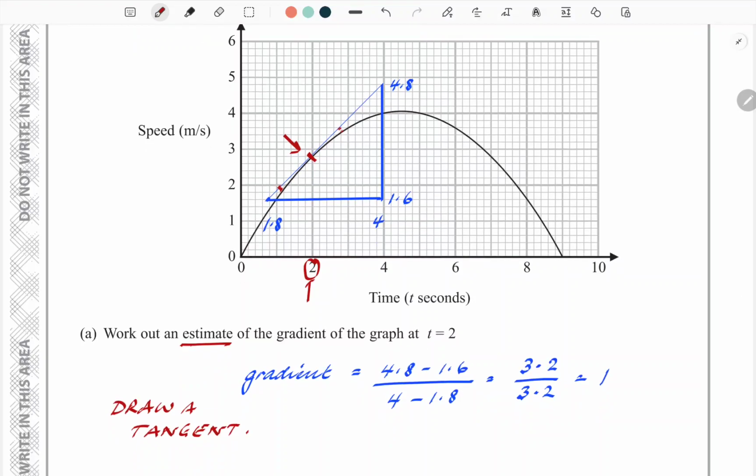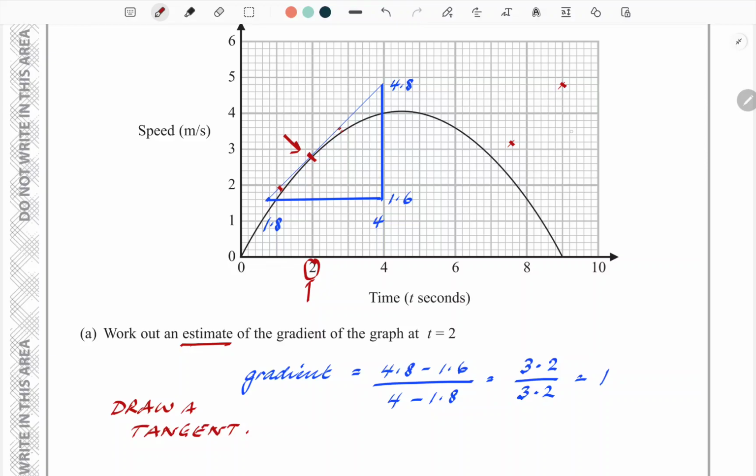So once you've got the tangent drawn out, extend it, right, until you get to some sensible points. Like try and pick a point at a corner of a couple of squares, right, to another corner where you can actually count whole numbers maybe, or at least one decimal place, all right?